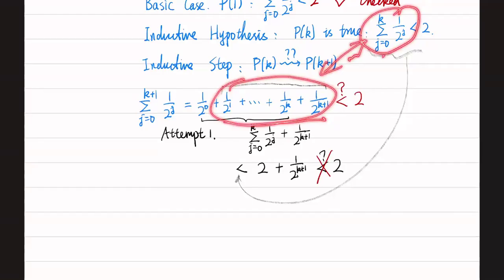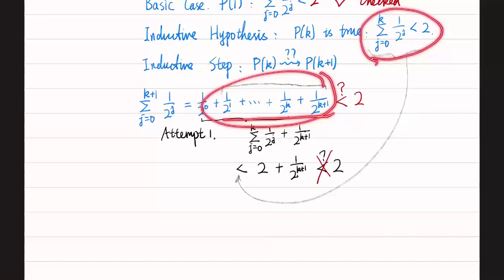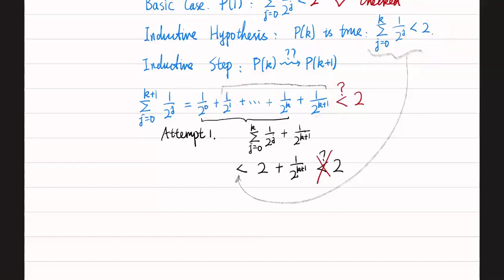This one starts at 0, ends at k. This starts at 1, ends at k plus 1. So they have the same number of terms. But in each of these, the index is bigger than this by 1. So we can see this part is actually half of this. Okay, so that is our observation.